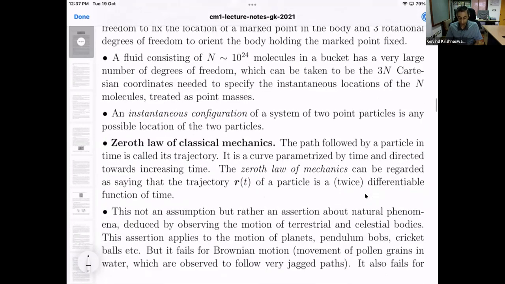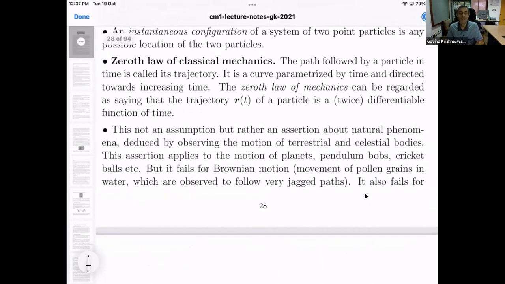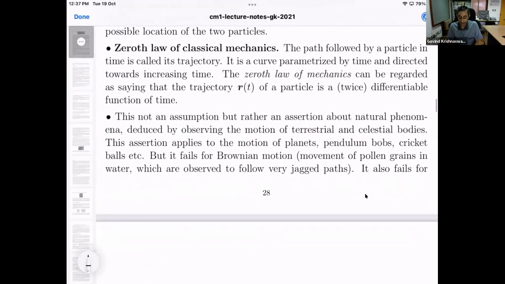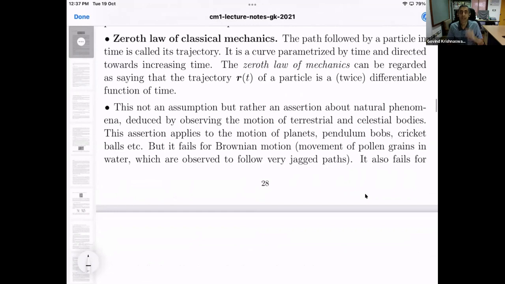Okay. Let's go on to just a comment on what I call the zeroth law of classical mechanics. There was some suggestion that what I call the zeroth law is an assumption as opposed to a law. Perhaps I didn't go through it carefully enough last time.